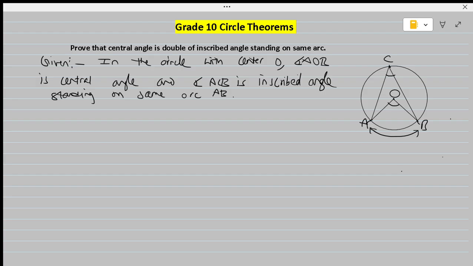That's what we are given here, and let's write what we have to prove. To prove: the central angle AOB is twice the inscribed angle ACB.